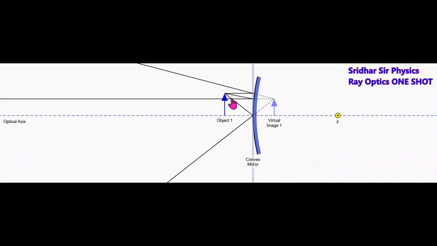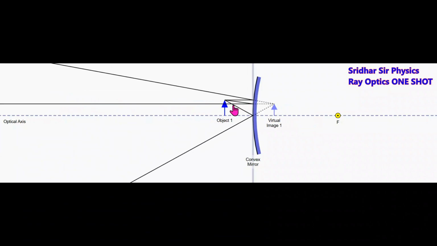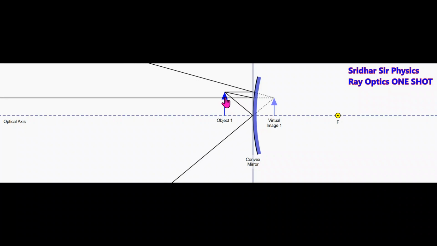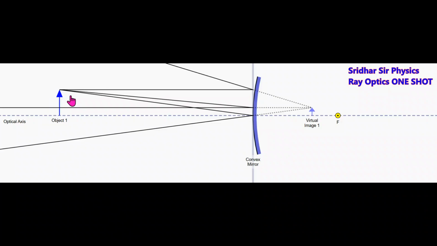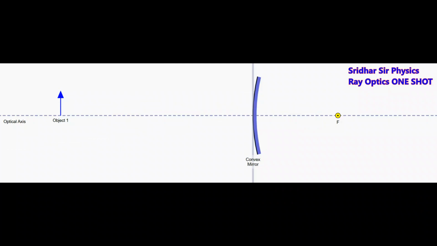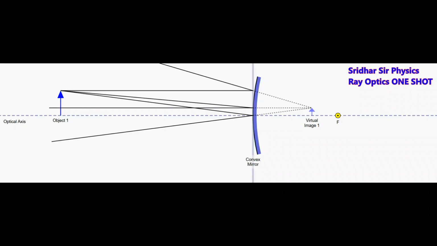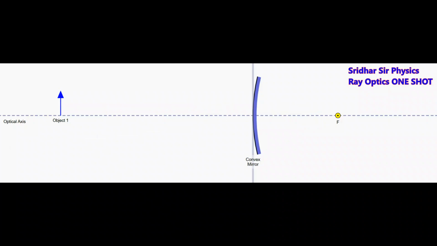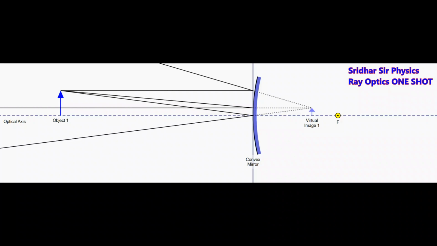The image will be all the time erect, virtual and diminished. There's one basic idea, you can check it here: it will be erect and diminished. There's one generalized thing which you have to learn here.